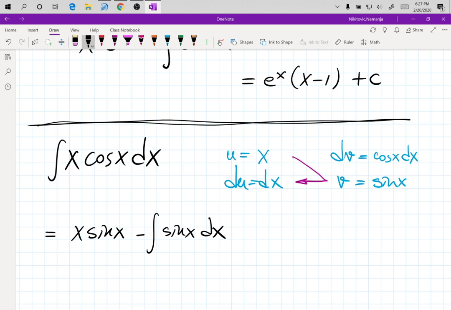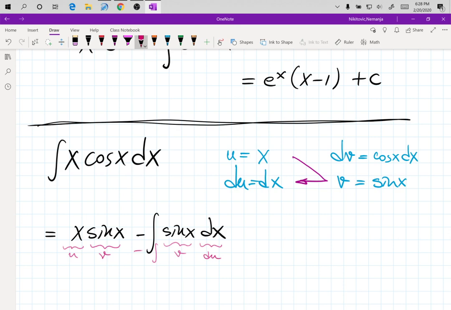So if you want me to write this out, here's my u, here's my v, here's my minus, here's my integral, here's my v, and here's my du. So you can see that that line is u times v minus integral of v du, and I am picking those from the blue substitution part.